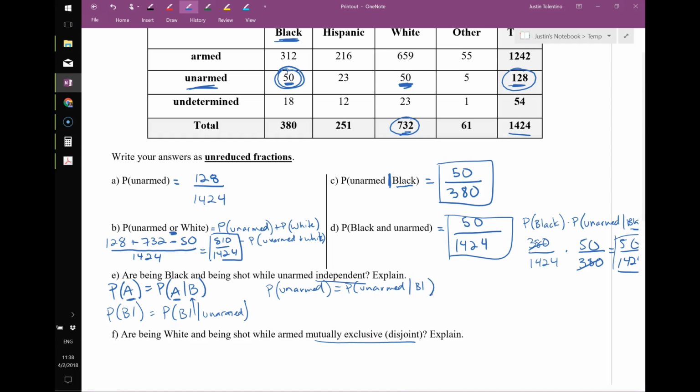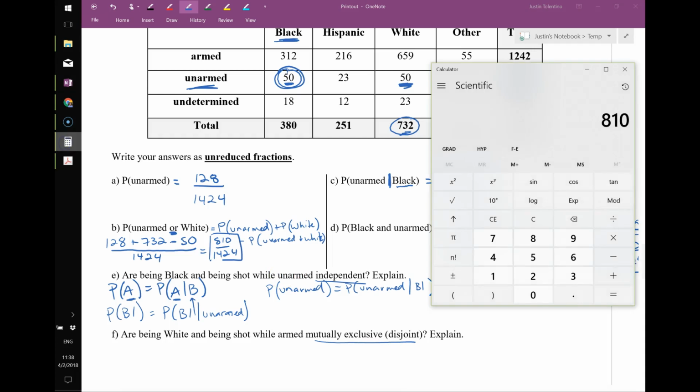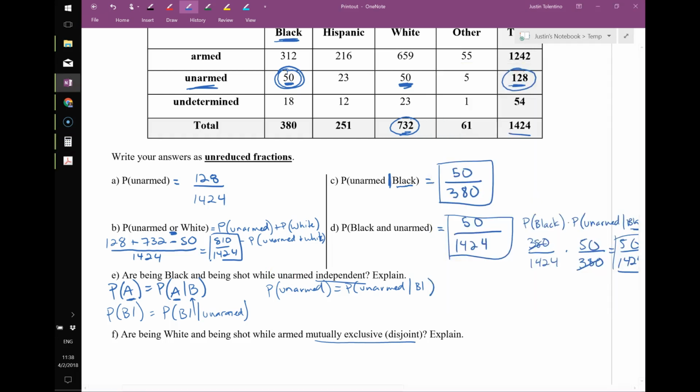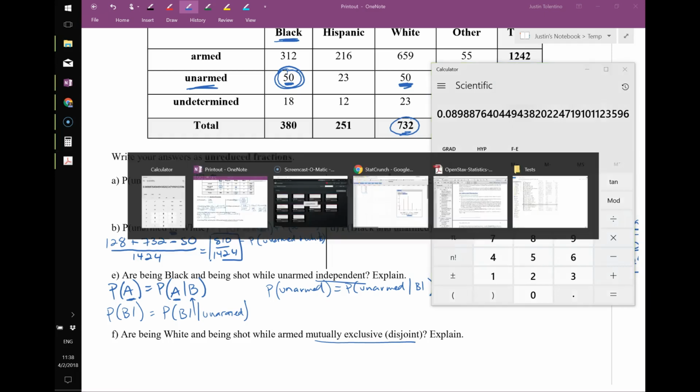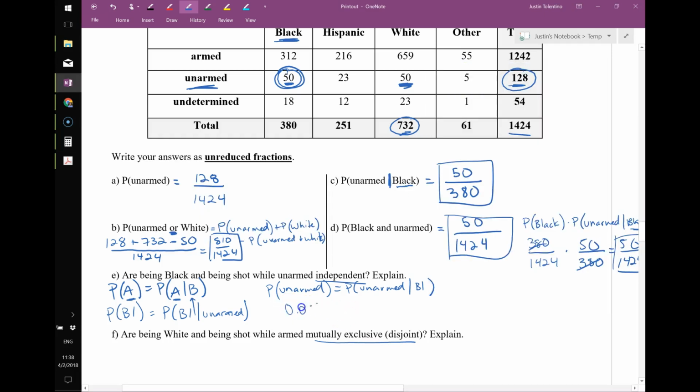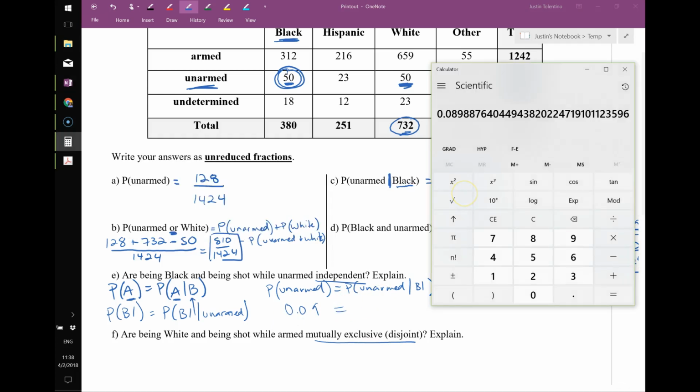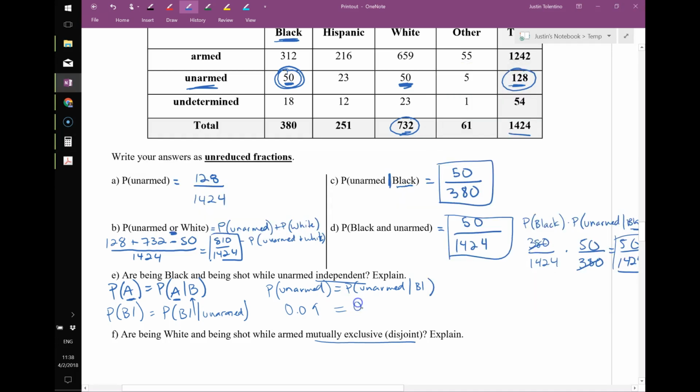We found that unarmed was 128 out of 1424, and if we turn that into a decimal, we get about 0.0809. And if we do probability of unarmed given black, well, we found that, which is 50 out of 380. We get 0.13. And we notice, oh, are these things the same?